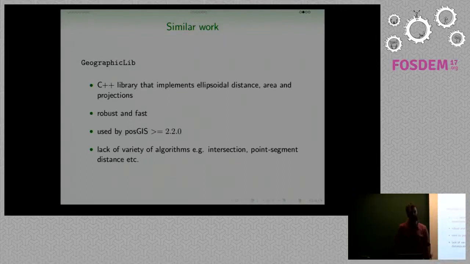The thing is that it lacks a variety of algorithms, so it only gives you the distance, area, and some special projections. So we have now implemented even more in Boost Geometry.